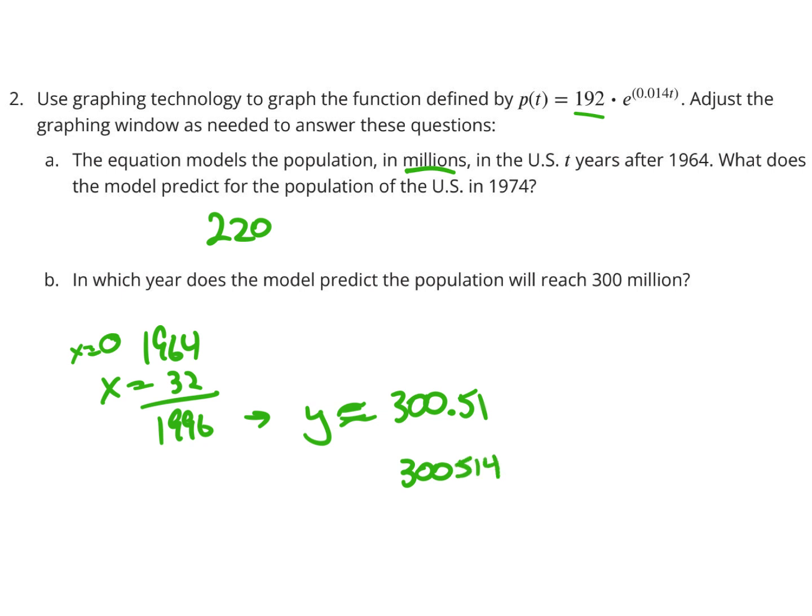So what I did was go down to 32, I right arrowed over into the Y1 column, and then at the bottom, I get the numbers. And I'm going to round this up. This is 514309. The number next to the 9 is a 5, so I'm going to say 310. So in 1996, the model says we should have had approximately that many people in the United States.